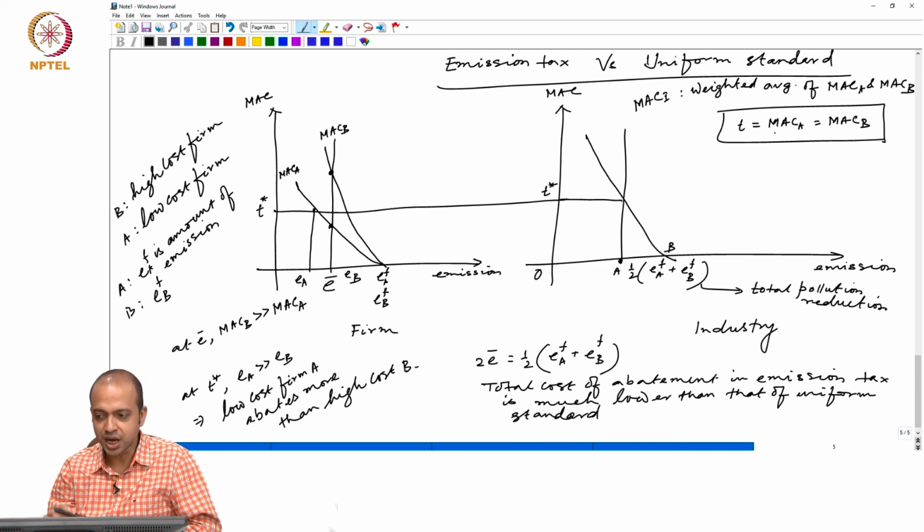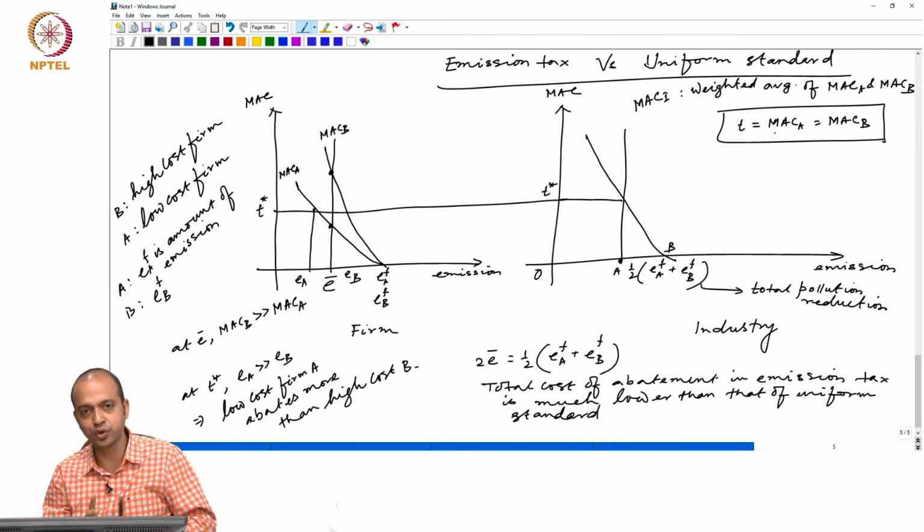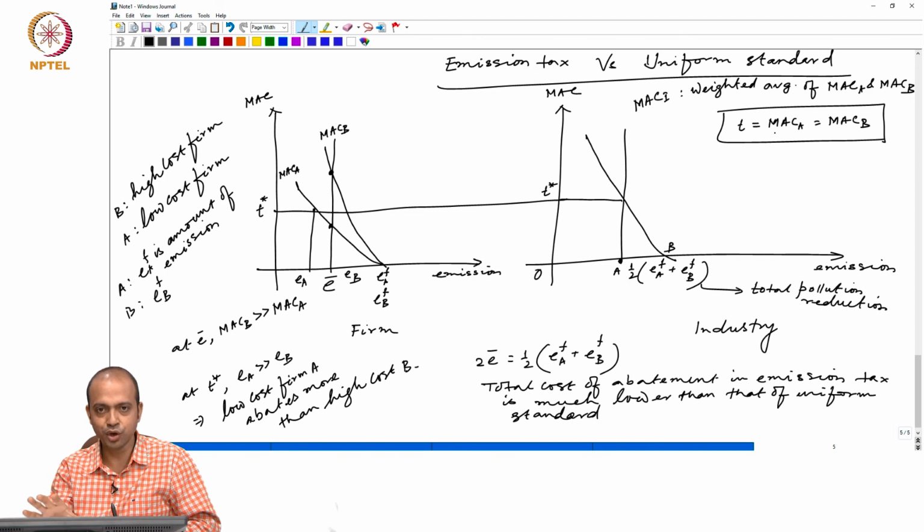Okay. This is how we can prove the efficiency of emission tax, and in the same way we can prove that even a tradable pollution permit is equally efficient, but we are not discussing that mechanism here.